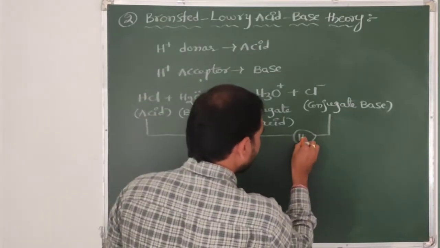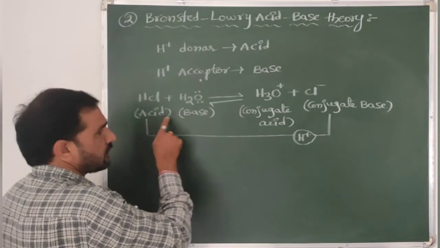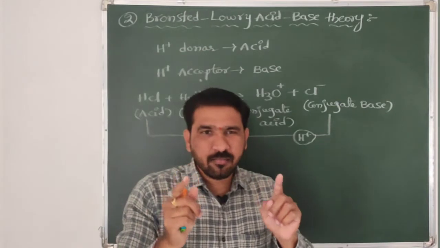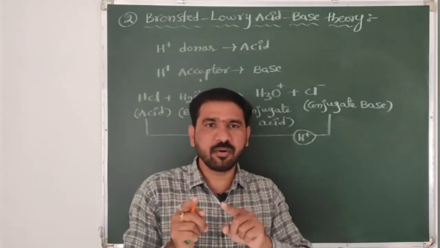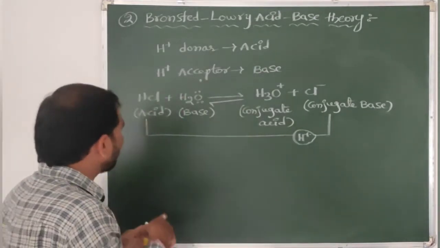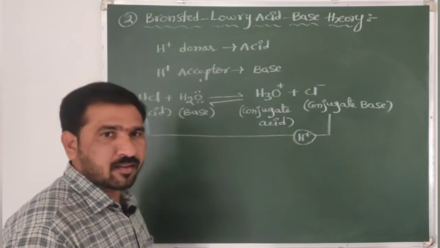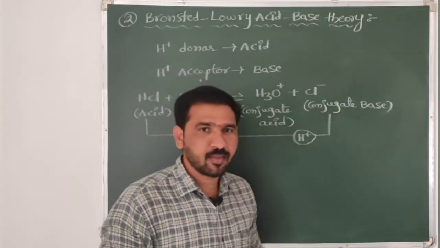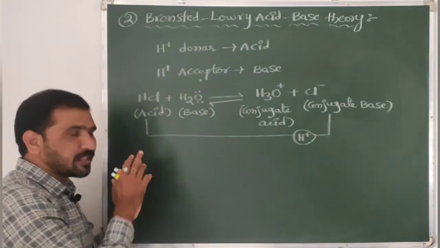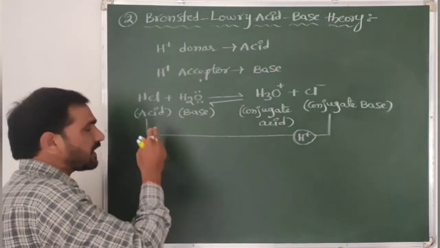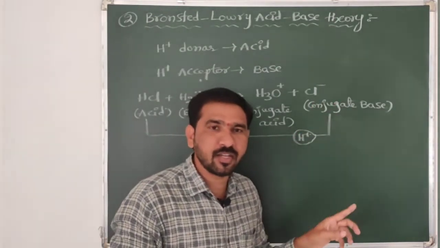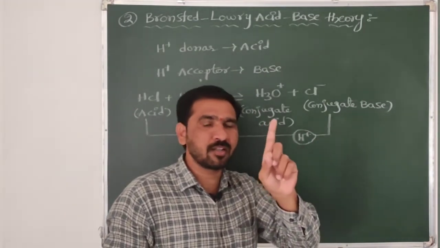So this pair is called a conjugate acid base pair. Cl minus is the conjugate base of HCl acid, or HCl acid is the conjugate acid of Cl minus base. Between them only one proton differs.